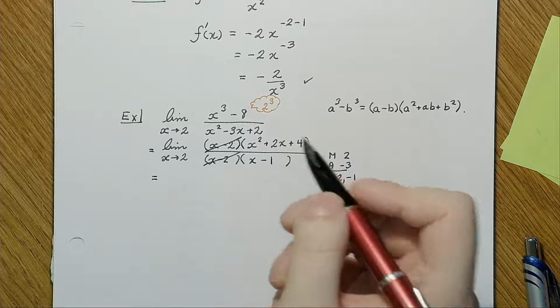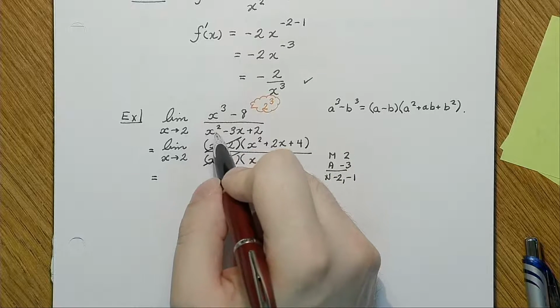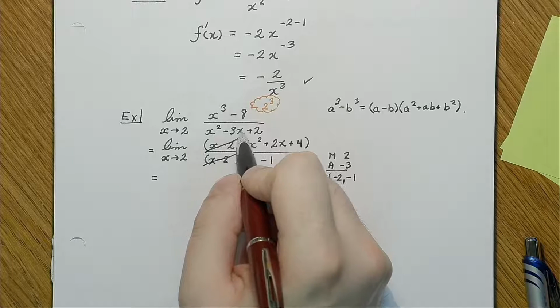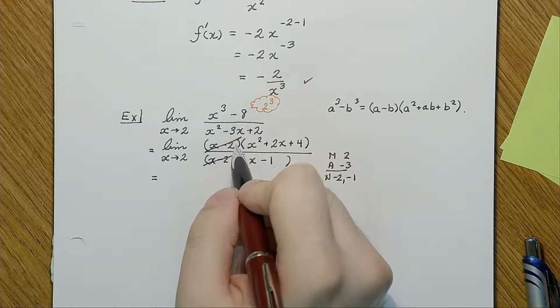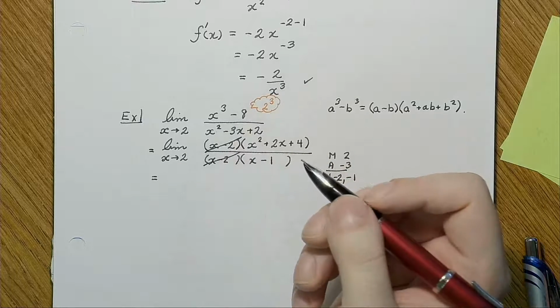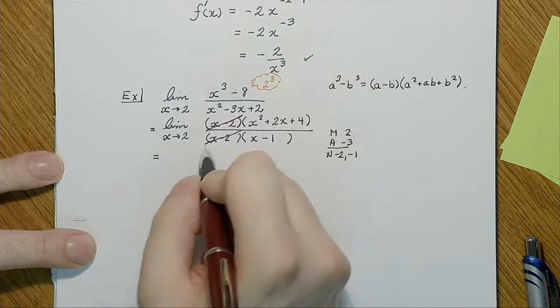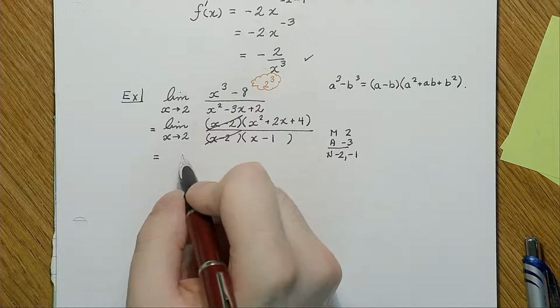Oh yeah, and why am I doing this? Because if I put the 2 in here, 2 squared is 4, minus 3 times 2 is 6, plus 2, that gives me 0. So we need to do some simplification. Actually, I'm almost done at this point.